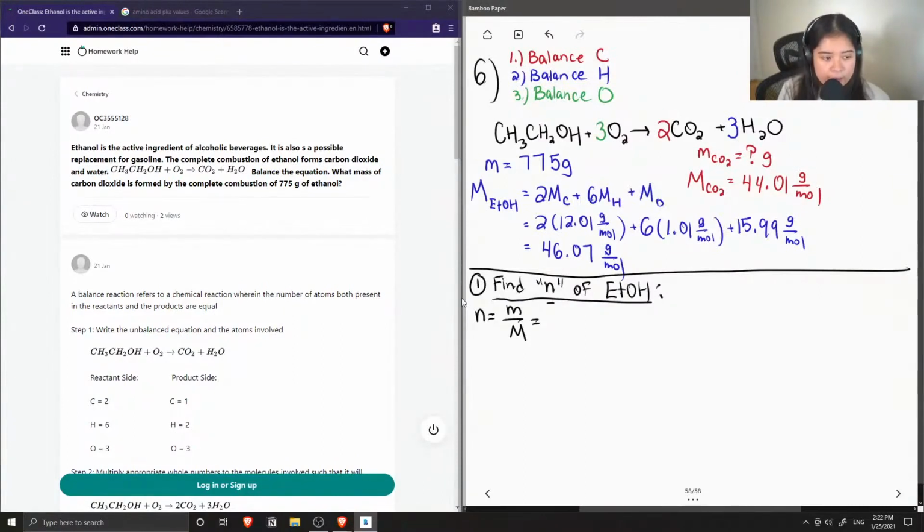The mass of ethanol was 775 grams, and the molar mass we calculated to be 46.07 grams per mole. If we divide the two, we end up with 16.82 moles of ethanol.